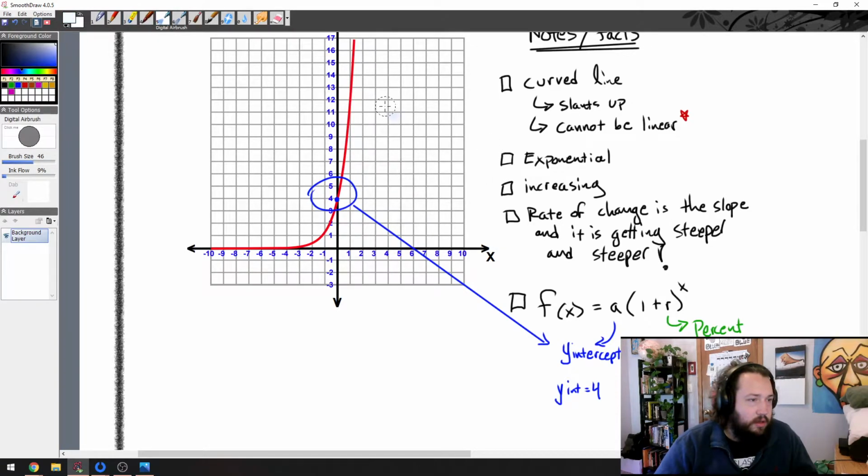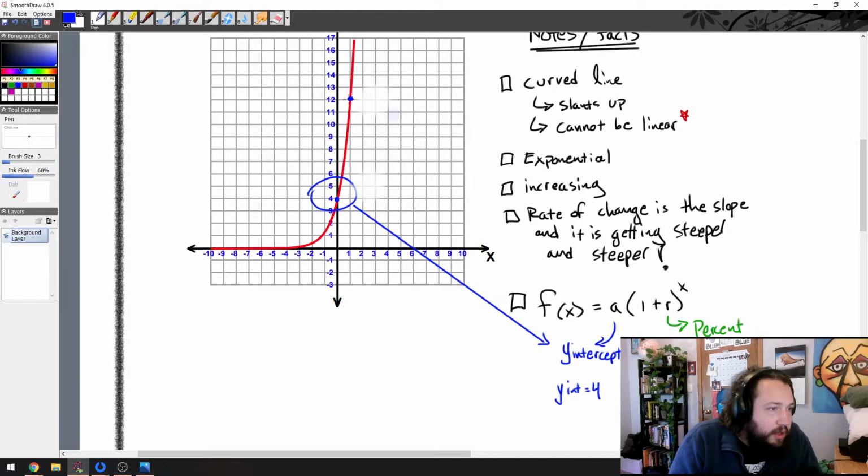If I go from 4 up to this point right here, this goes from 4 up to 12 up here. So this was 4 all the way up to 12.